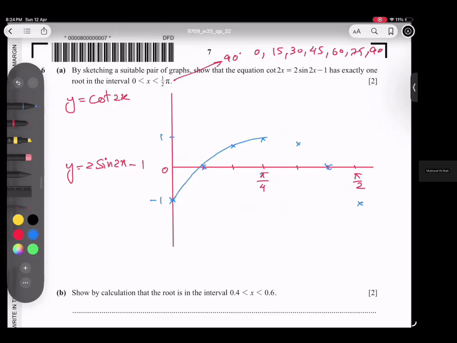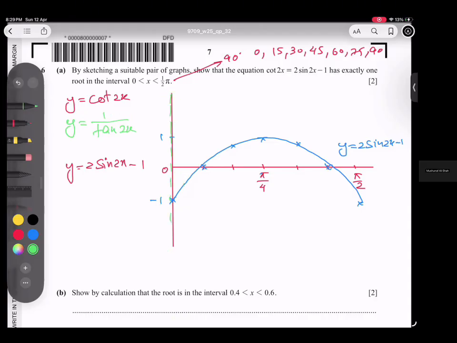Now y equals 1 over tan 2x. I'm going to plug in these numbers. But the interesting part: what is tan 0? Tan 0 is 0, and 1 by 0 is infinity. It means I'm putting a dashed line. Can you see the dotted green line? Because infinity at 0.